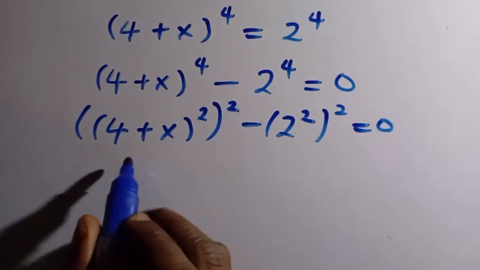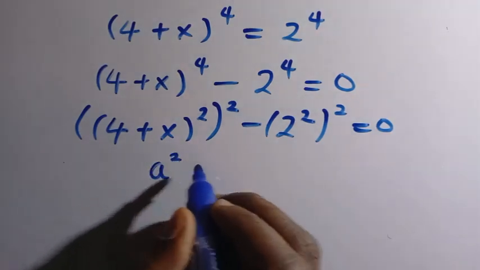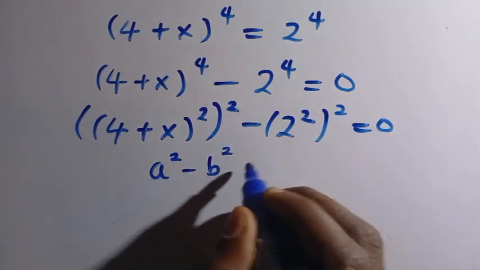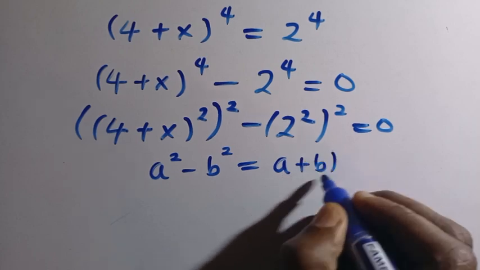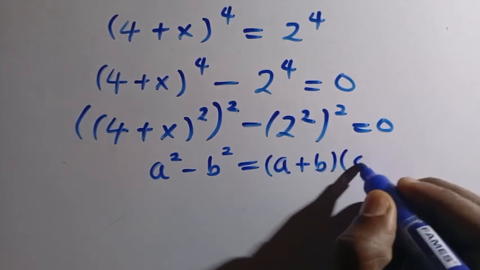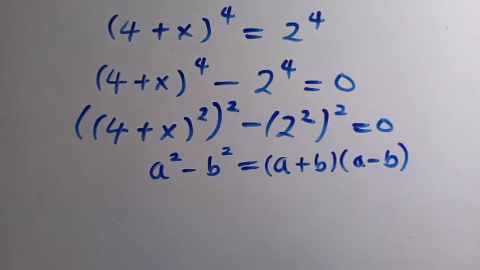And by this, suppose we have a squared minus b squared, this equals (a + b) multiplied by (a - b). So this is difference of two squares.